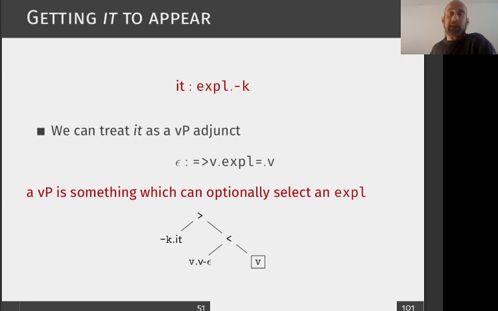So now we have it, but nothing selects an expletive. Well, just for fun, let's treat it as a VP adjunct. What does that mean? Well, it means that we want it to be freely merged at the VP level, but we don't have a way of doing that. In order to be merged, something has to select you. Well, how can we simulate free merge with lexical items?